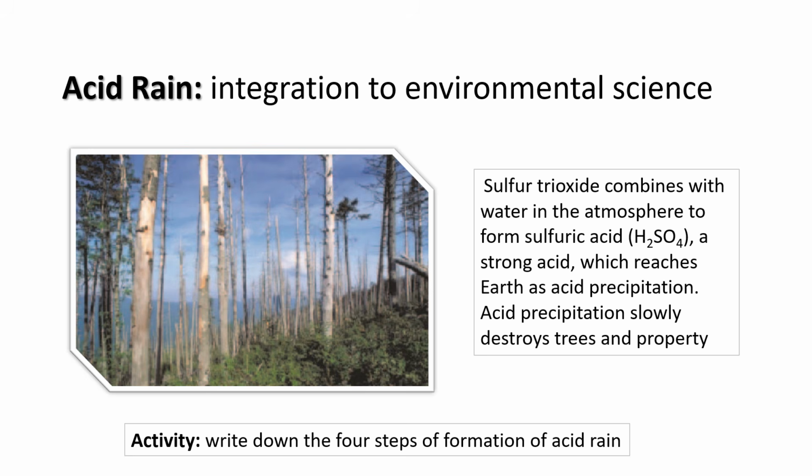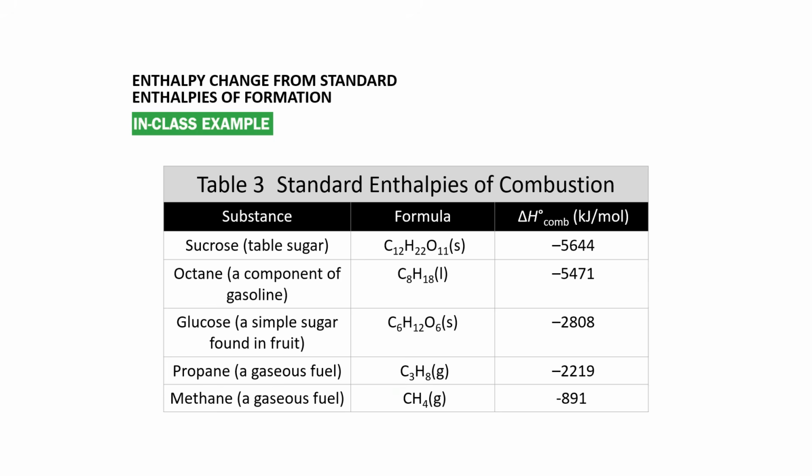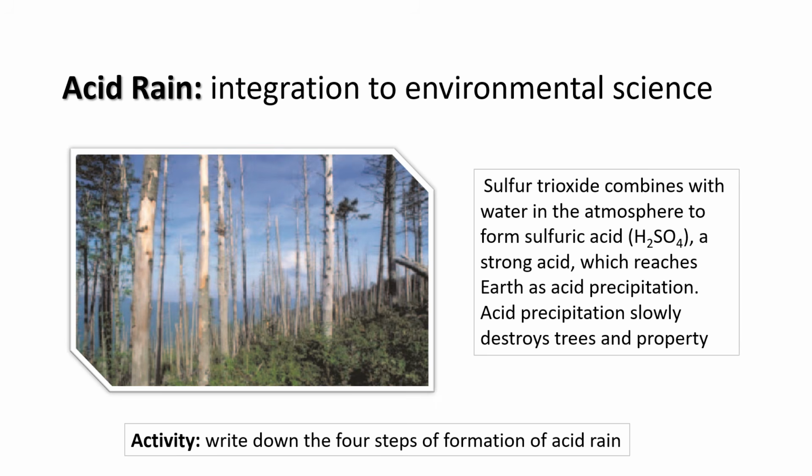All right, okay, guys. So this is the end of our lesson, which is lesson 4. I'll let you read this table. And then you have the last part in your book, which talks about acid rain. It's theoretical, okay? It has to do with these compounds, sulfuric acid and sulfur trioxide.